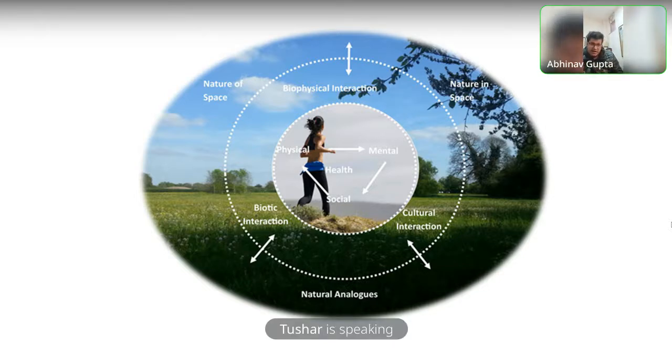A green building can be a building without looking green, but a biophilic building has elements of nature, say a water body or a lot of greenery, where you look at them and feel close to nature. That creates a conducive space to harbor positive mental health within a built space. Tushar, can you take it forward?